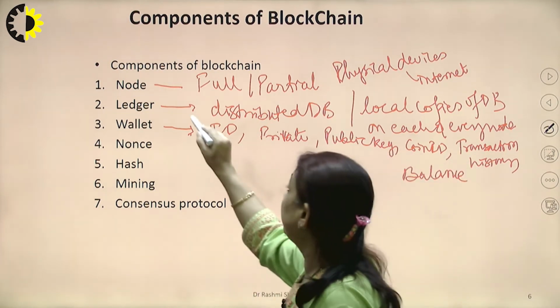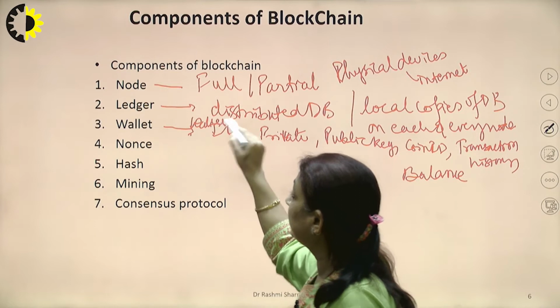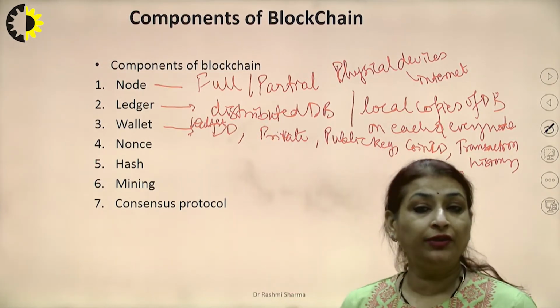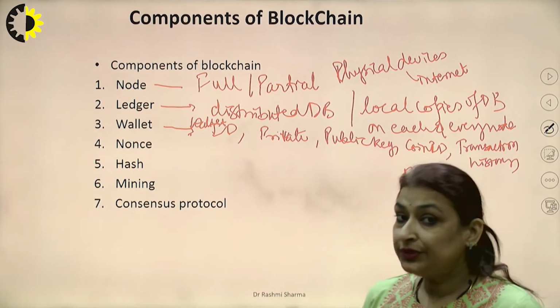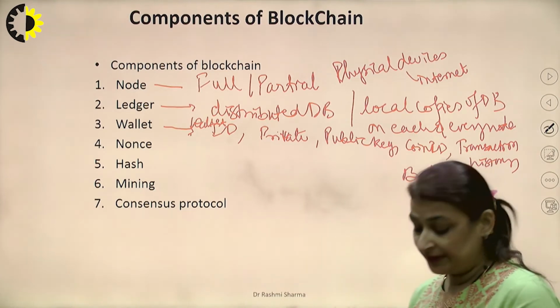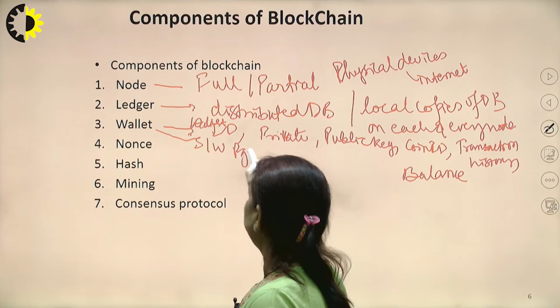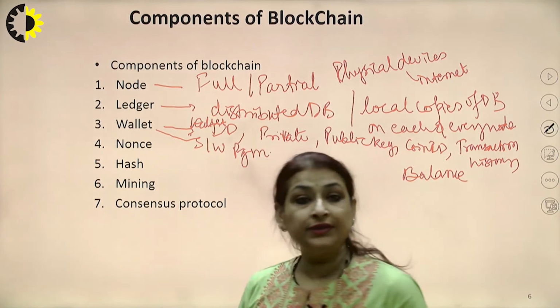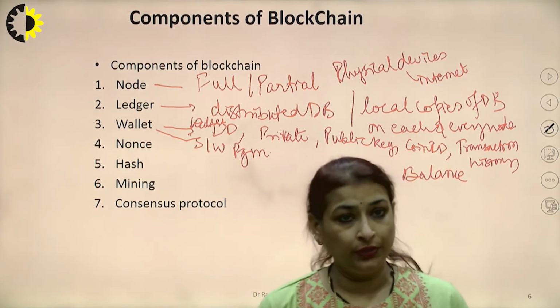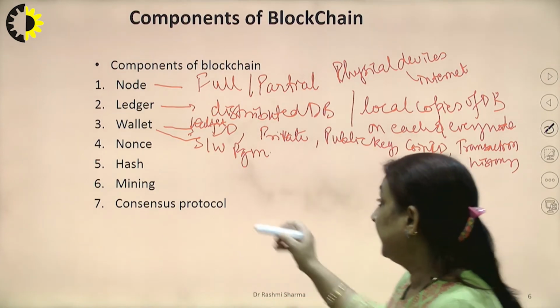This is the wallet ID, the unique number given to each and every wallet. Basically, wallet is a software program which generates all these things when it is run on any node.